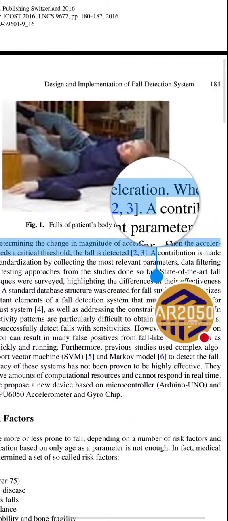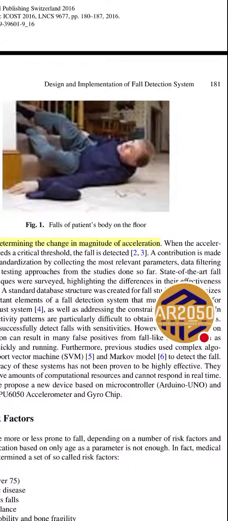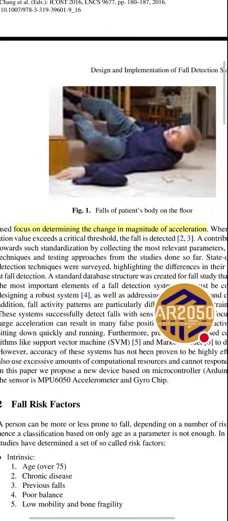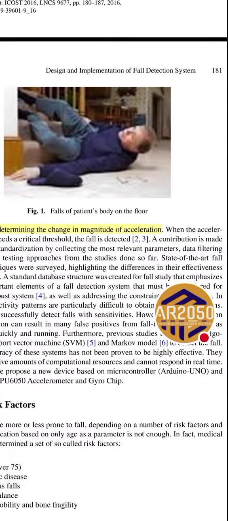Okay, so it says that most of the fall detection uses the approach that when the acceleration values exceed a certain threshold, the fall is detected. So references 2 and 3 are saying that.